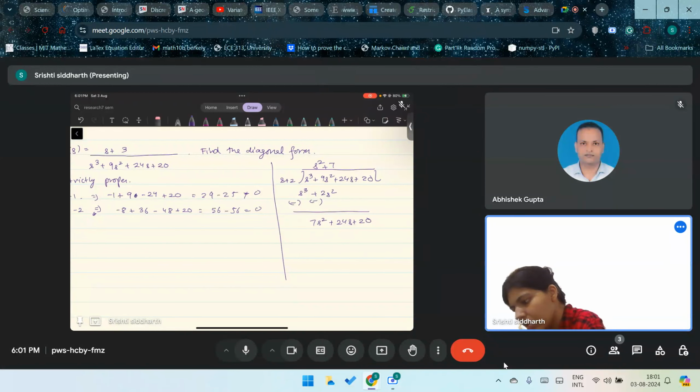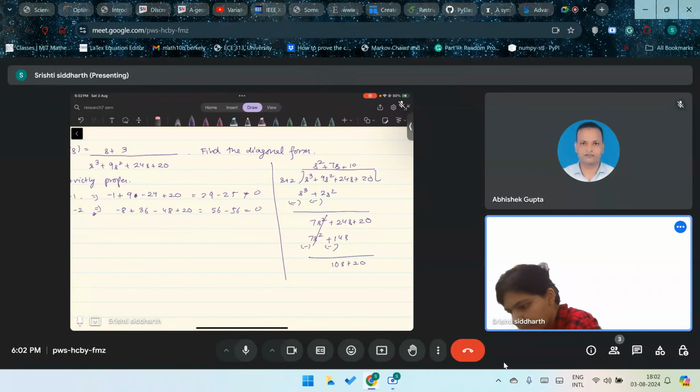We have 7s squared, and then 14s, and we have 10s plus 20.